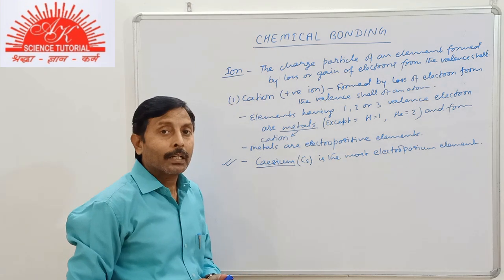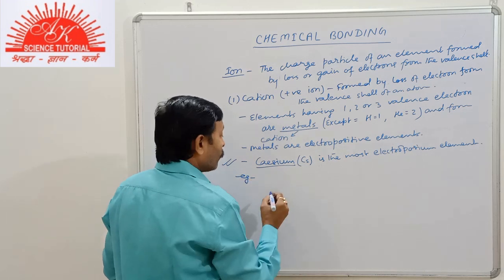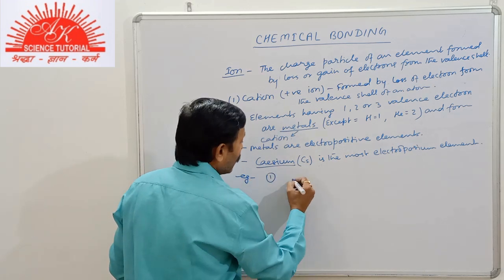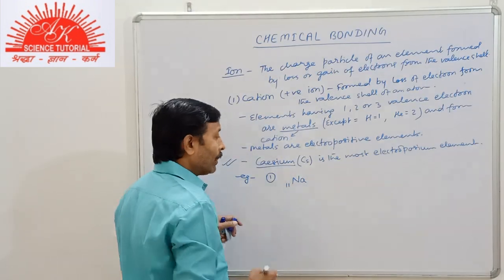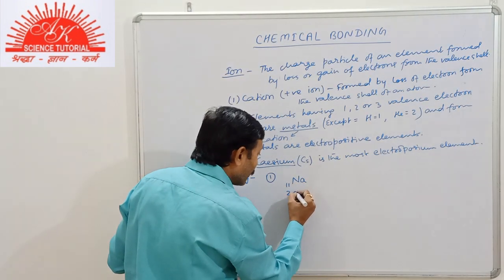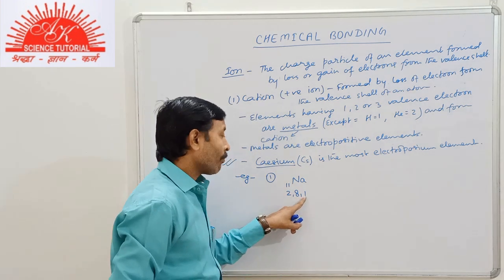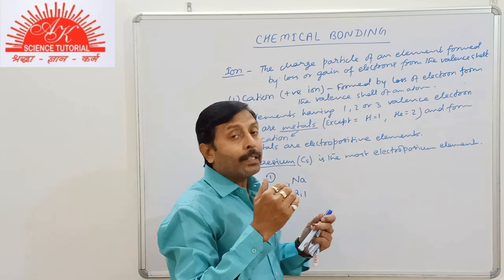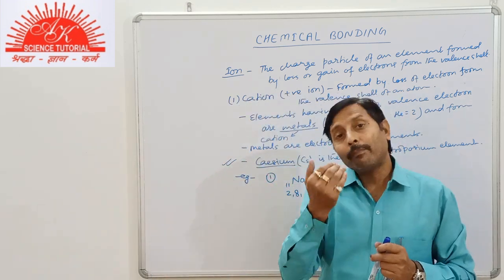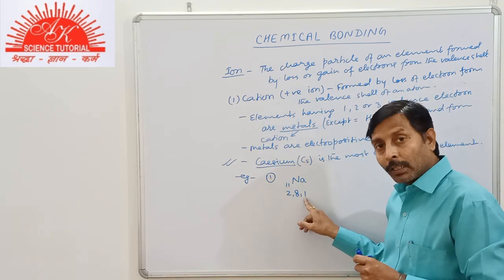Now here you can take an example. Suppose we have sodium, atomic number 11, having electronic configuration of 2,8,1. Now you can see, students, it has 1 valence electron. So in order to become stable, there may be 2 possibilities. One, it can lose 1 electron.